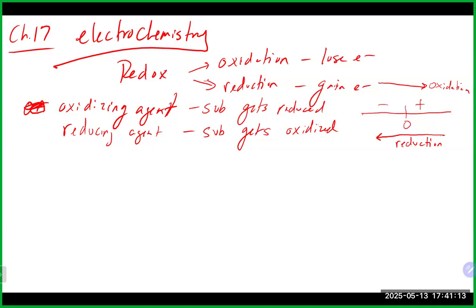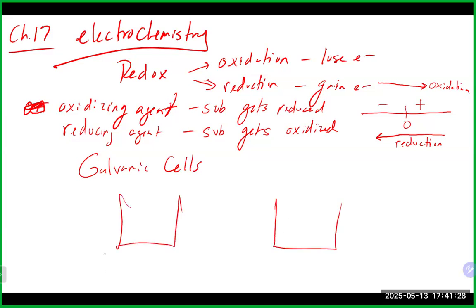We talked about balancing redox reactions in acidic and basic solution with water and H pluses. Then we got into the heart of the chapter, which was galvanic cells. In your basic galvanic cell, we have an anode side and a cathode side. Anode is where oxidation occurs, and reduction occurs on the cathode side.